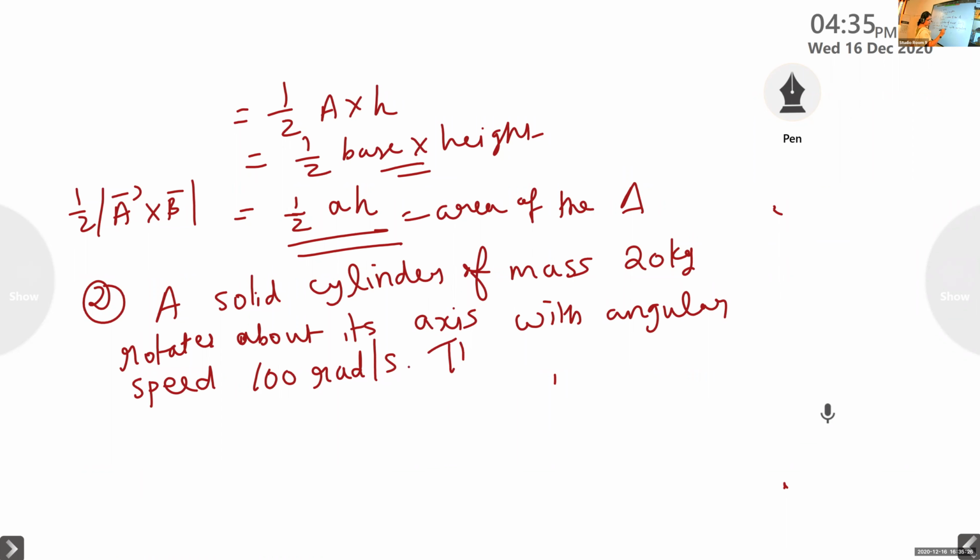The radius of the cylinder is 0.25 meter.